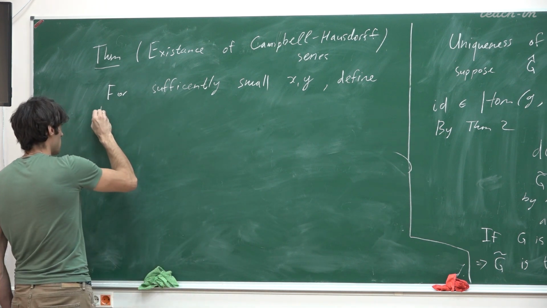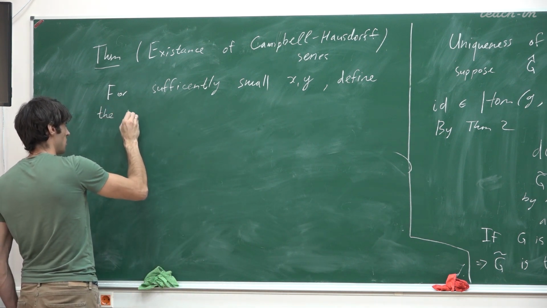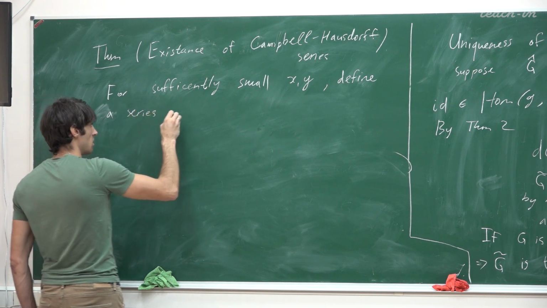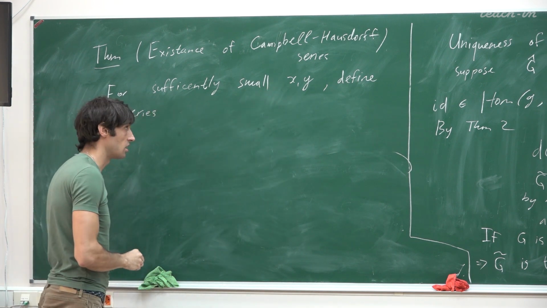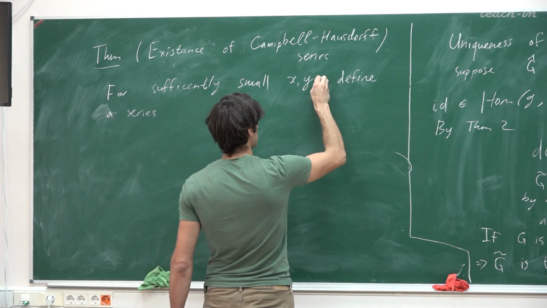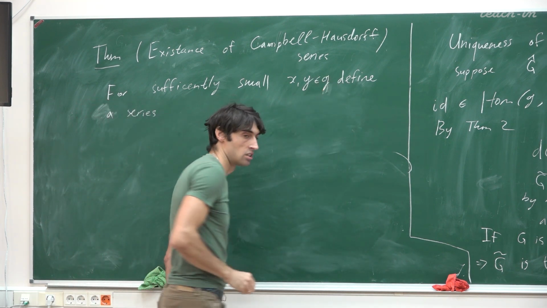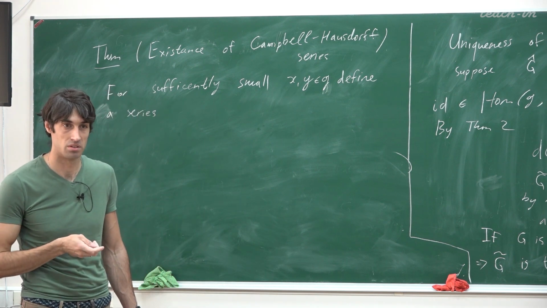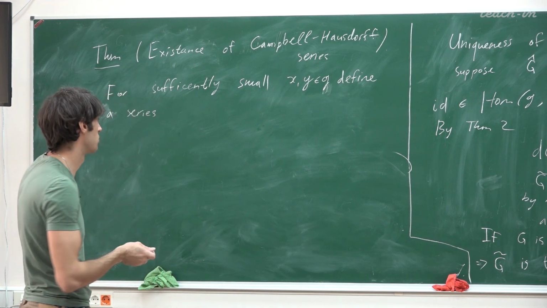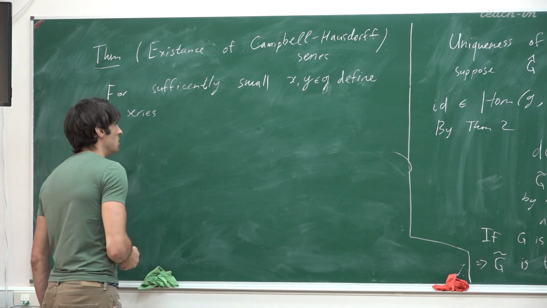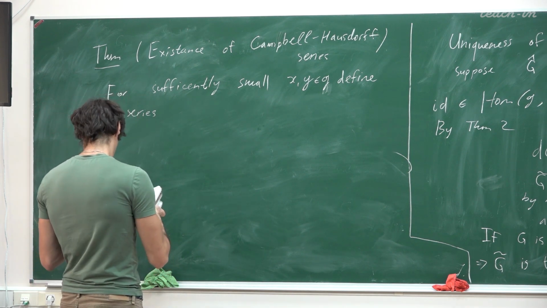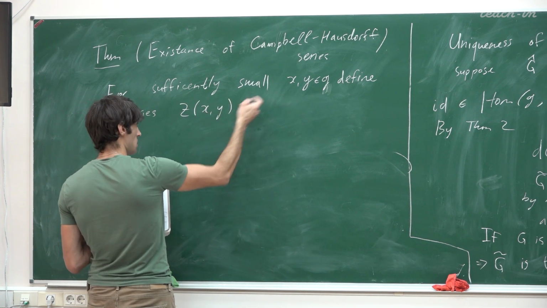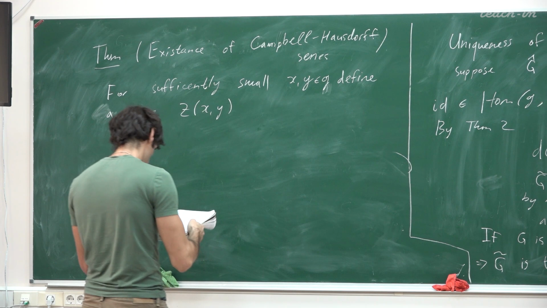a function, for starters, z(x, y) in x and y. These are elements in g, right? Small means they're close enough to 0, it's just the topology of a vector space.